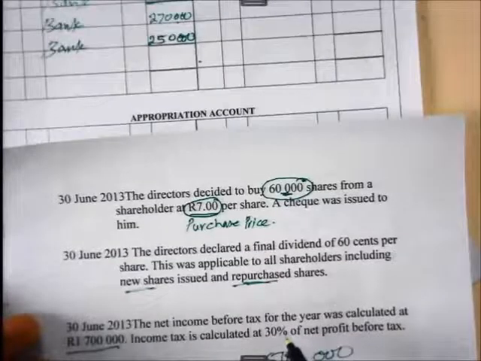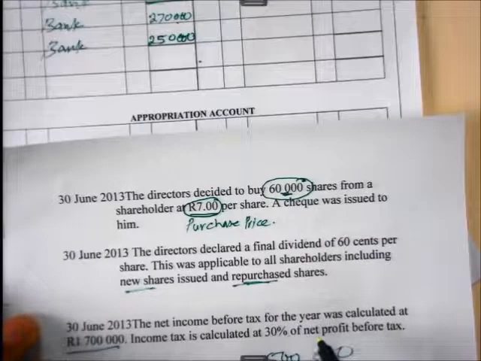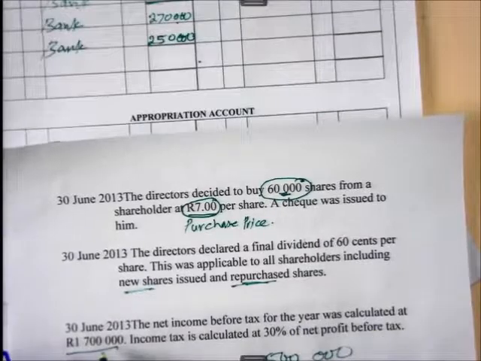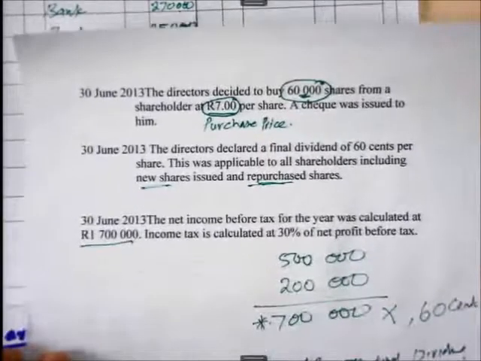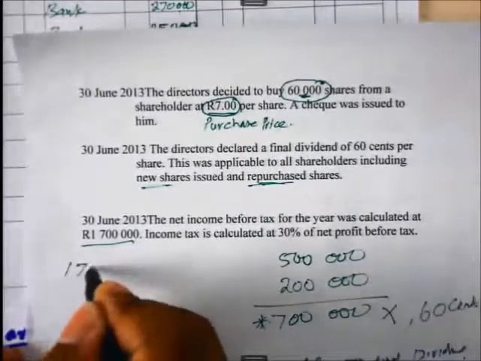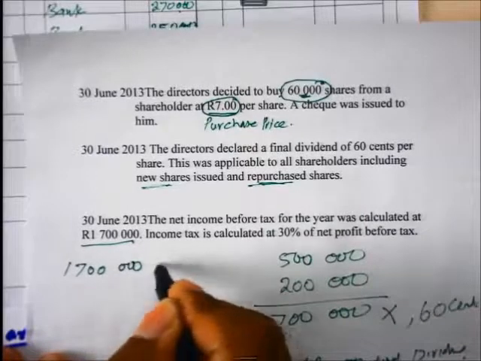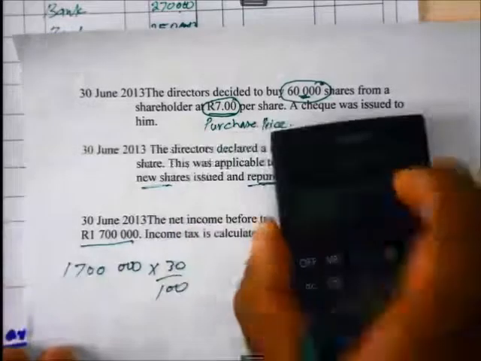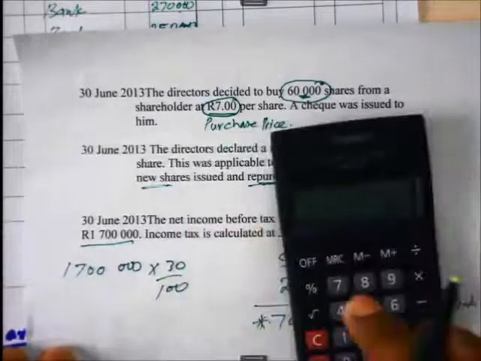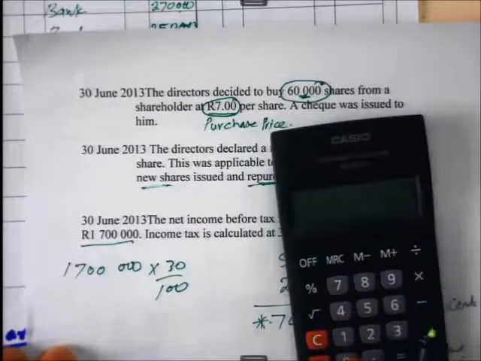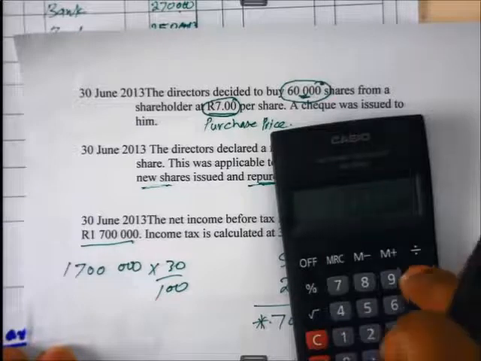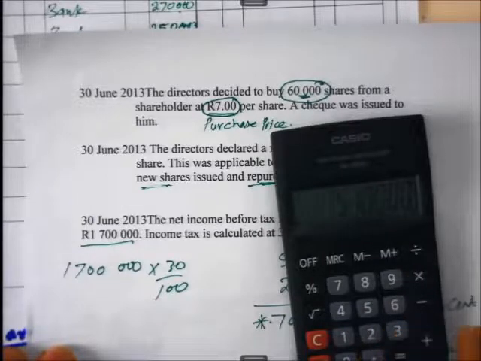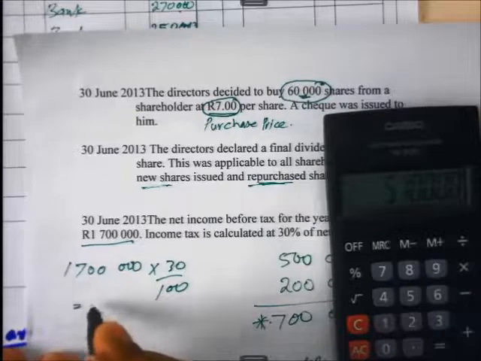Income tax is calculated at 30% of the net profit. What do you do now? You say 1,700,000 multiplied by 30 over 100. This is a very easy calculation. 1,700,000 multiplied by 30% gives you 510,000.